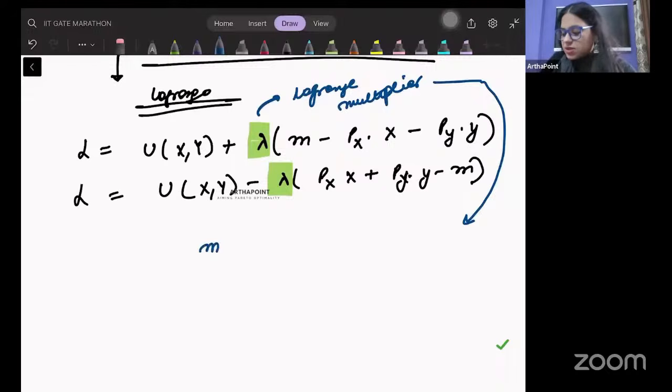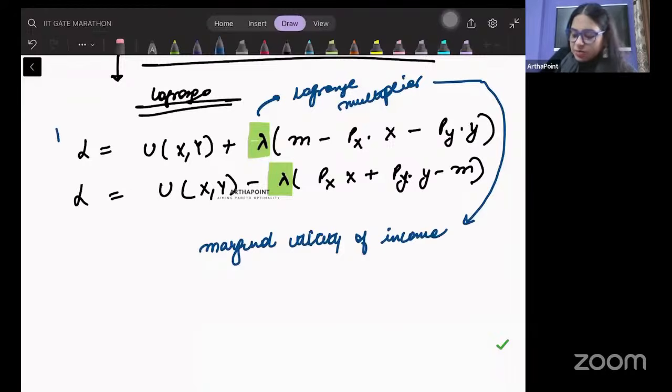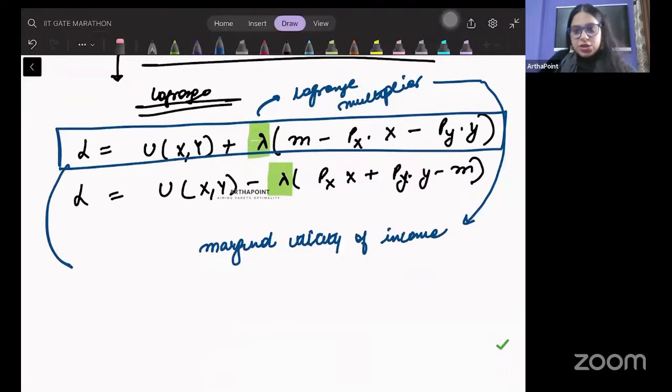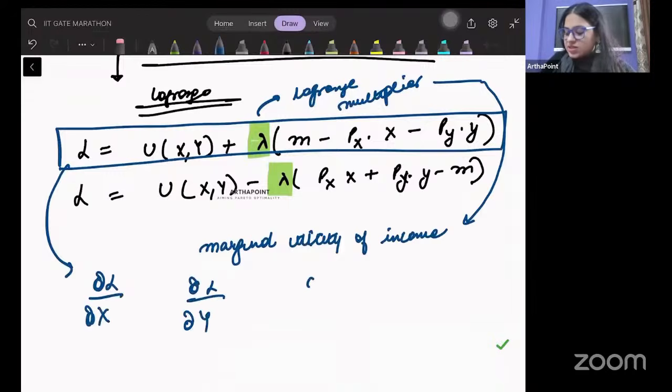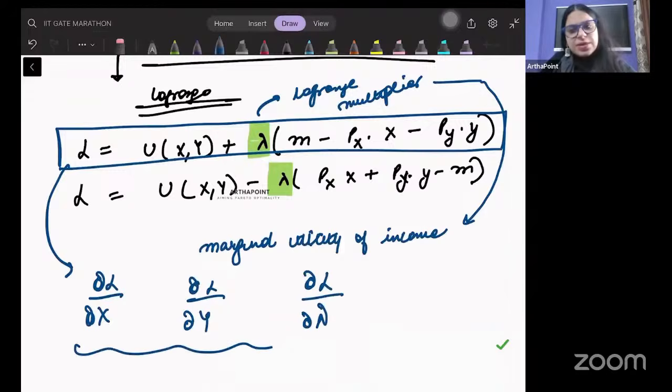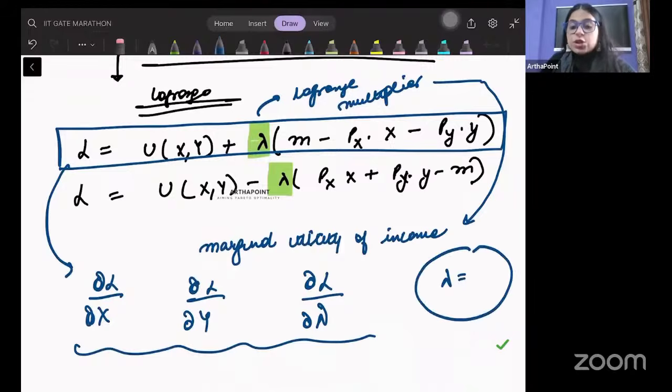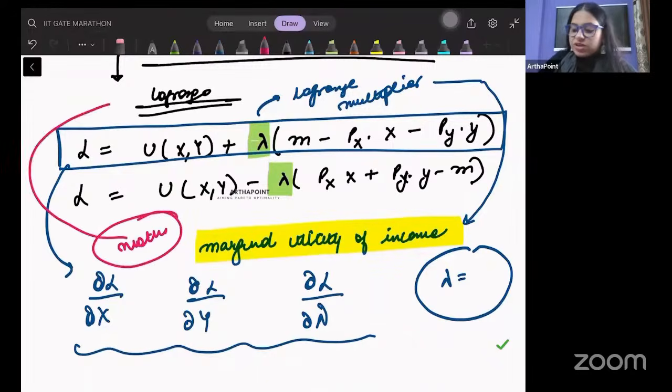This is something that tells me the marginal utility of income. मतलब अगर मैं ये प्रॉब्लम सॉल्व करूं, अगर मैं अपनी यूटिलिटी को मैक्सिमाइज करूं, मतलब मैं इसको डिफरेंशिएट कर दूं x से, डिफरेंशिएट करूं y से, डिफरेंशिएट करूं लैम्डा से, ये सब करने के बाद अगर मैं लैम्डा की वैल्यू निकालूं, if I find out the value of lambda, तो वो जो लैम्डा की वैल्यू होगी, that is your marginal utility of income. I have done this in my maths lectures. If you want, you can read that chapter. उसमें से आप इस लैम्डा को निकालना सीख सकते हो.